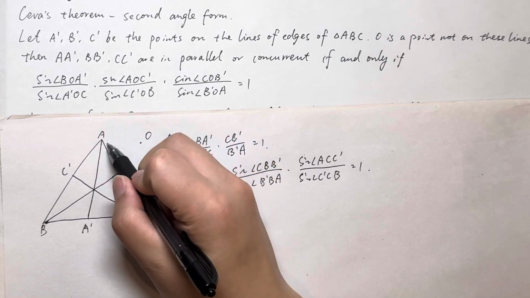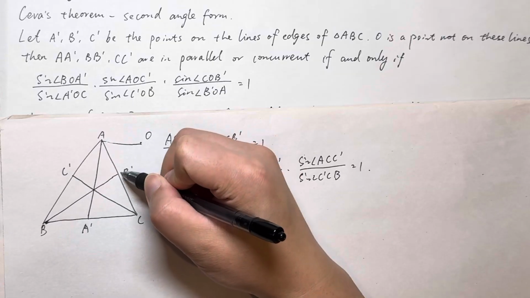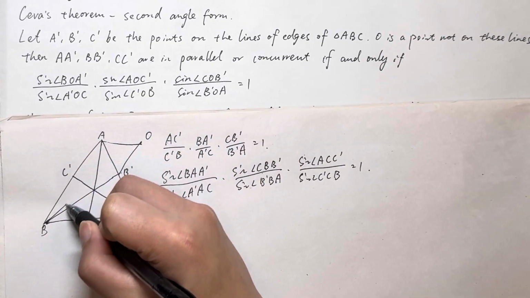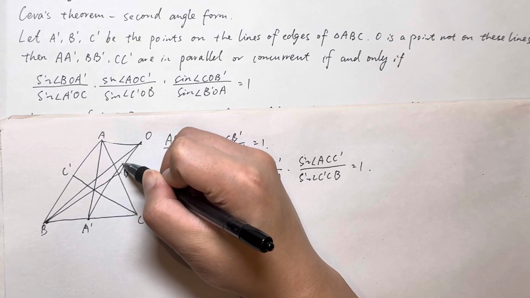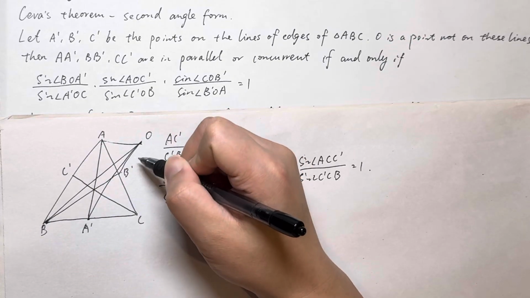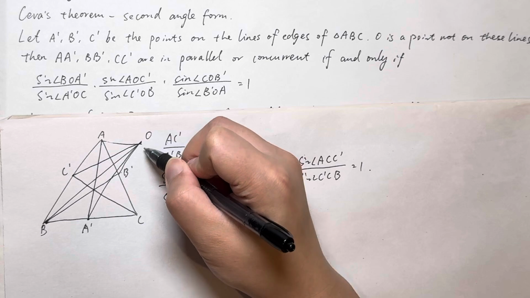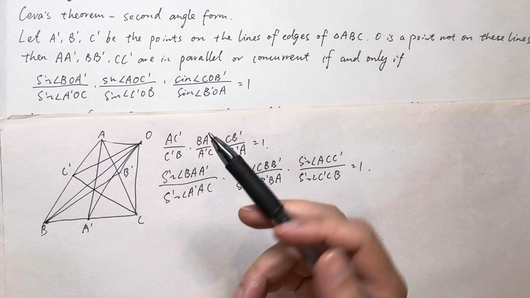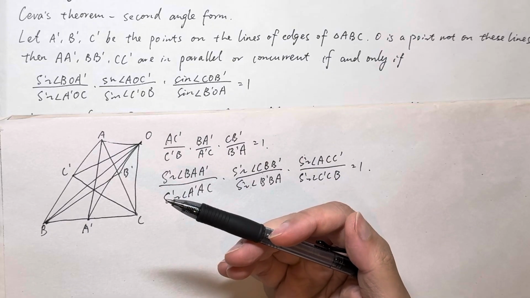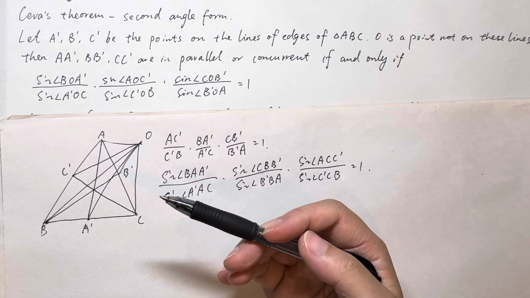And then we connect AO, BO, B prime O, A prime O, and C prime O, and CO, right? So basically, it's just the same as what we proved in the Menelaus theorem.